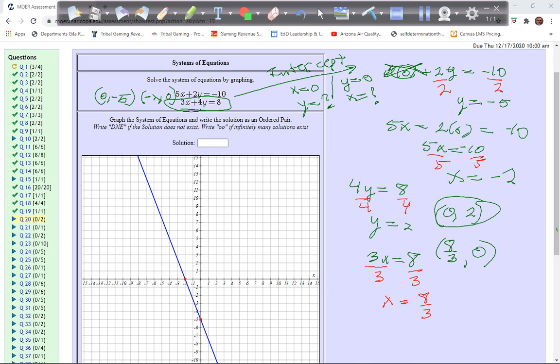Another thing we could do is plug in any number we want for x, and then solve for a new y value. That gives us a second point. And what I can tell is we're going to divide by 4, so as long as this plus 8 is divisible by 4, then it'll work. So the best way to make it divisible by 4 is put in x equals 4.